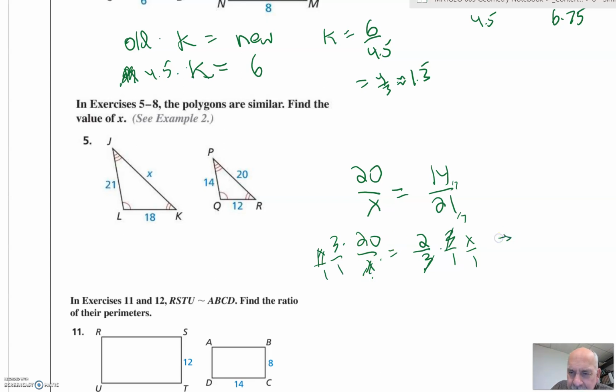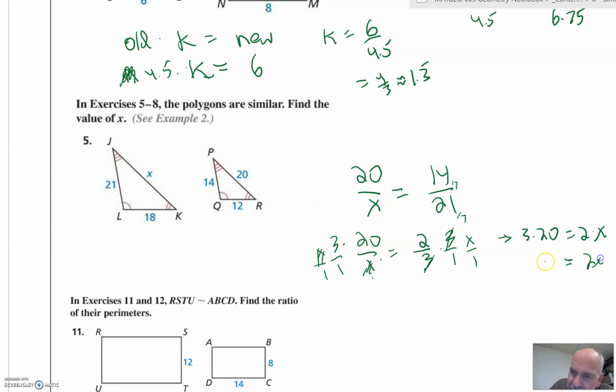So I end up getting 3 times 20 equals 2 times x. And if you check this out, this is exactly what we get if we cross-multiplied a while ago. 20 times 3 equals x times 2. There it is. So cross-multiplying is just a fast way to say I multiply both sides by the denominators to clear out the fractions.